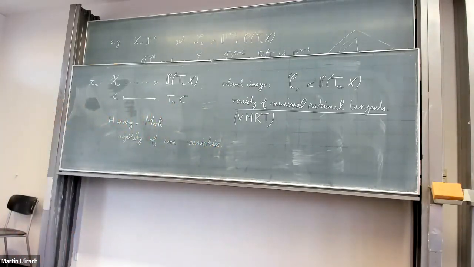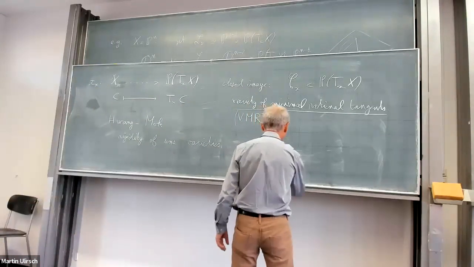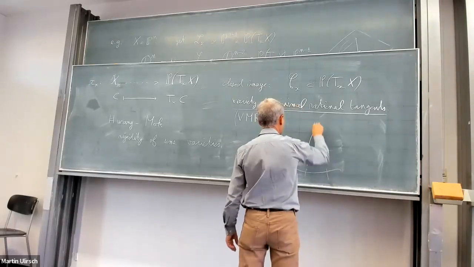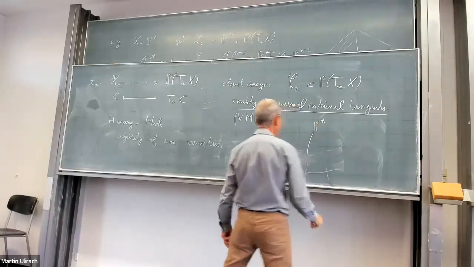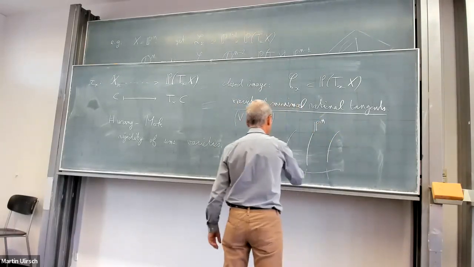This means, for example, that projective space is rigid in the sense that for every smooth projective family over a connected base with one fiber a projective space P^n, all fibers are also P^n.